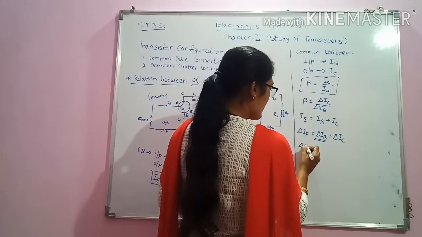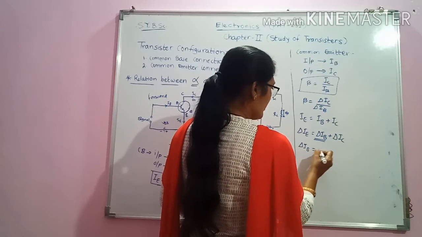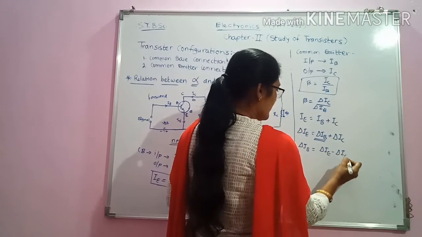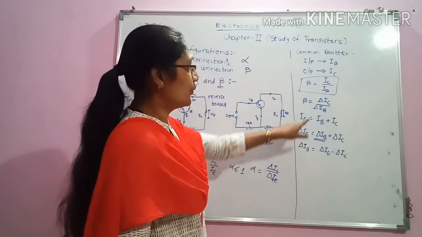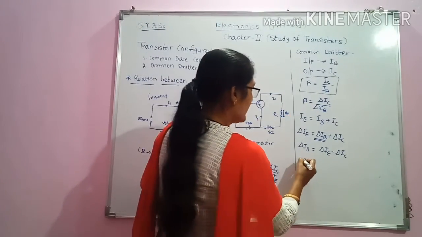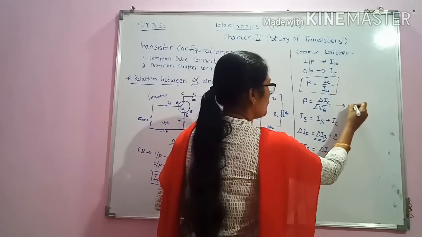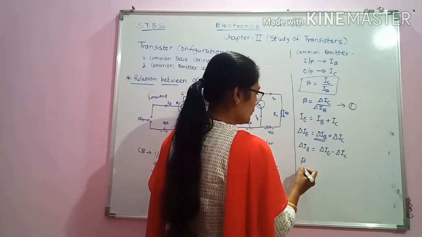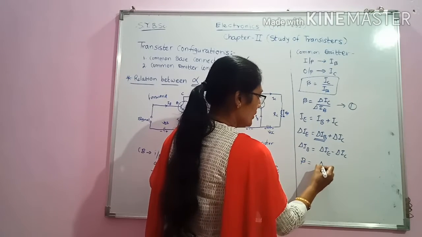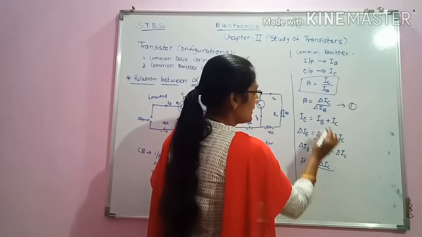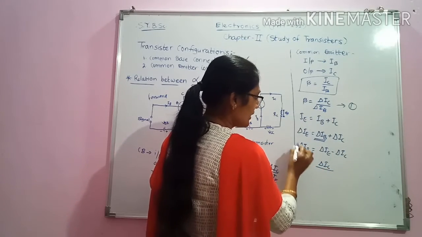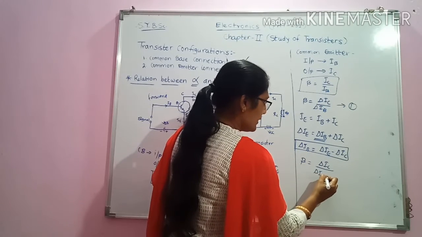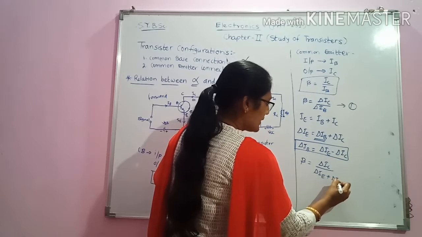So delta IB will become delta IE minus delta IC. Now we will substitute this value in equation 1, and we will obtain beta is equal to delta IC as it is divided by delta IB. Instead of delta IB, substitute delta IE plus delta IC.